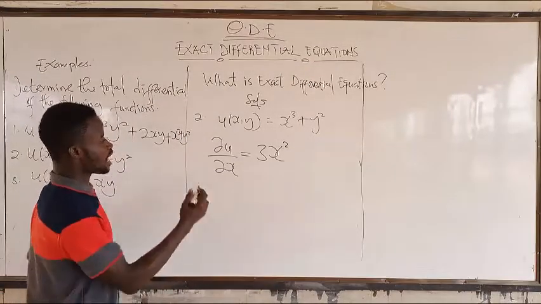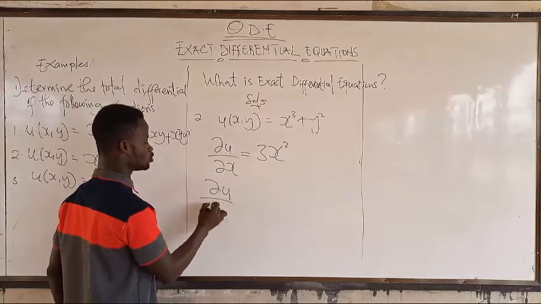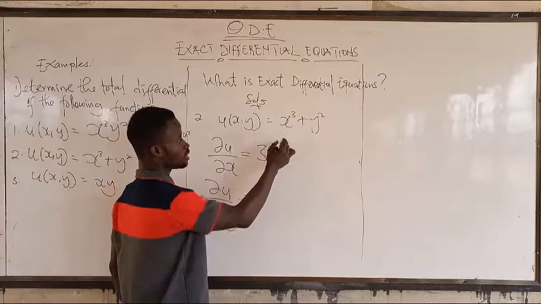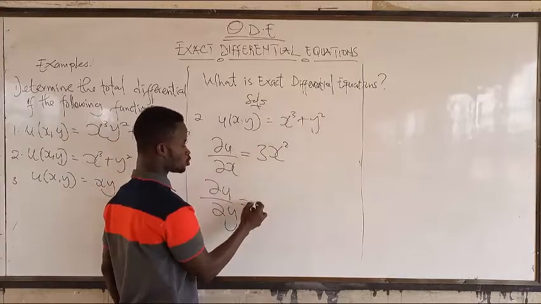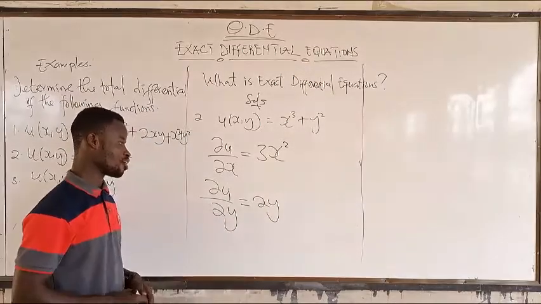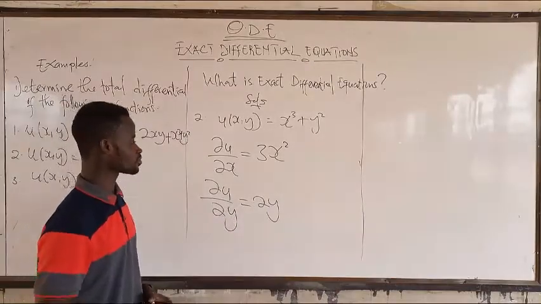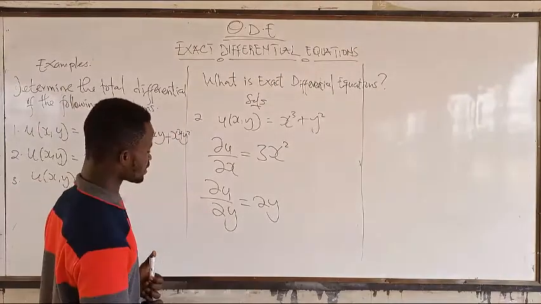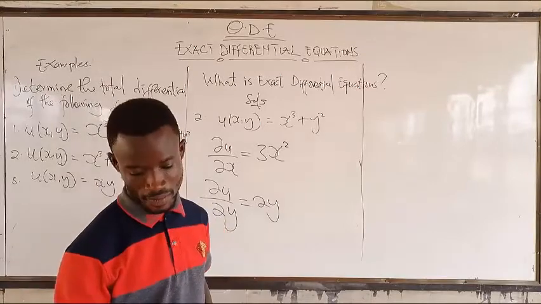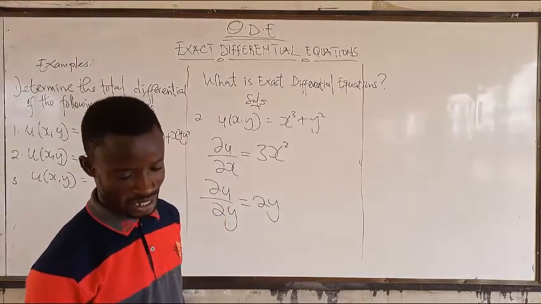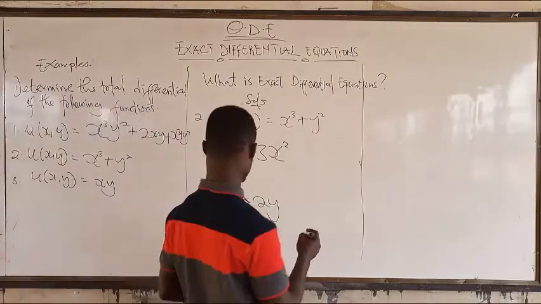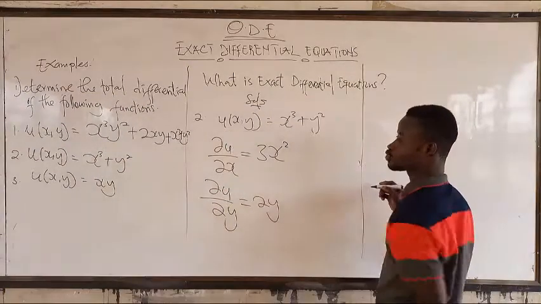Very good. Then we move on to the partial derivative of u with respect to y. In the same way, this is 0. So here will be 2y. Very good. What is the next thing? The next thing to do is to write it in the total derivative form. And you know that when you differentiate this, you get du.